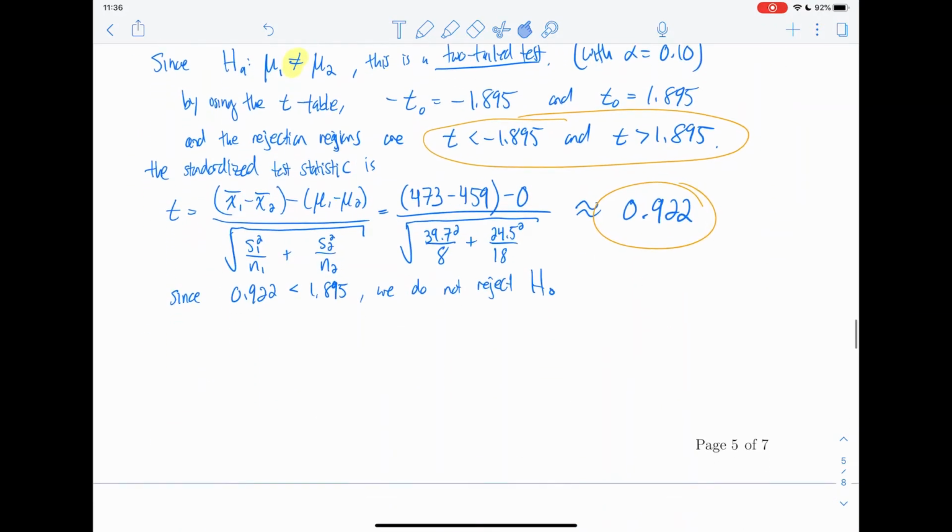So just as we do every time, we now need to write out in English what this interpretation means. So what do we find?